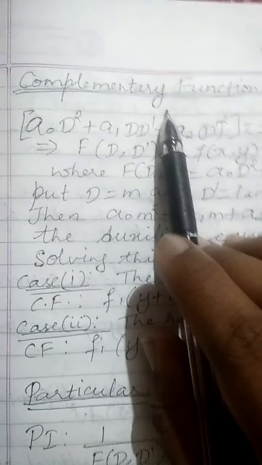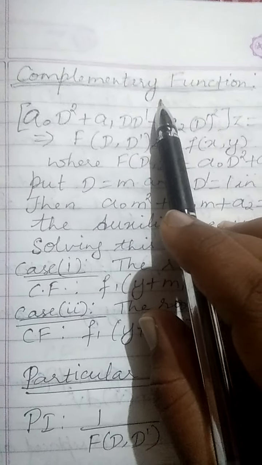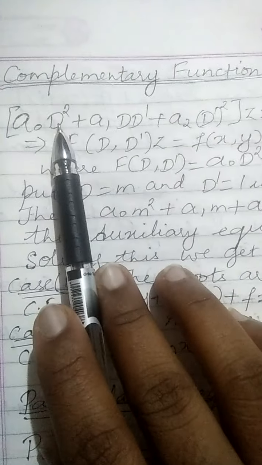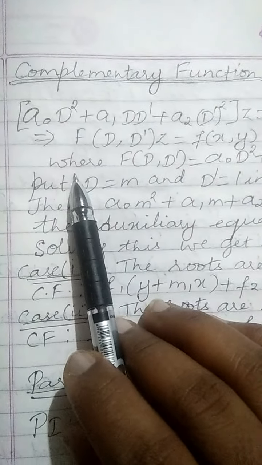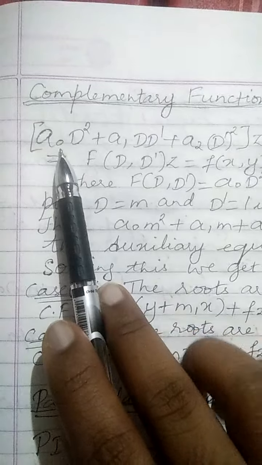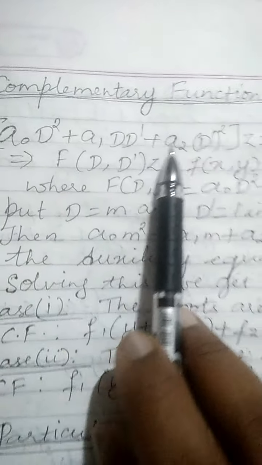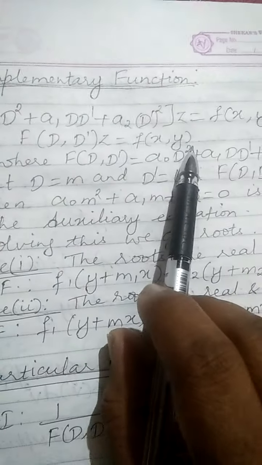We have already learned to find the complementary function and particular integral for ordinary differential equations. For partial differential equations, the rules are slightly different, wherein first we write the operator notation, and then we write the auxiliary equation.